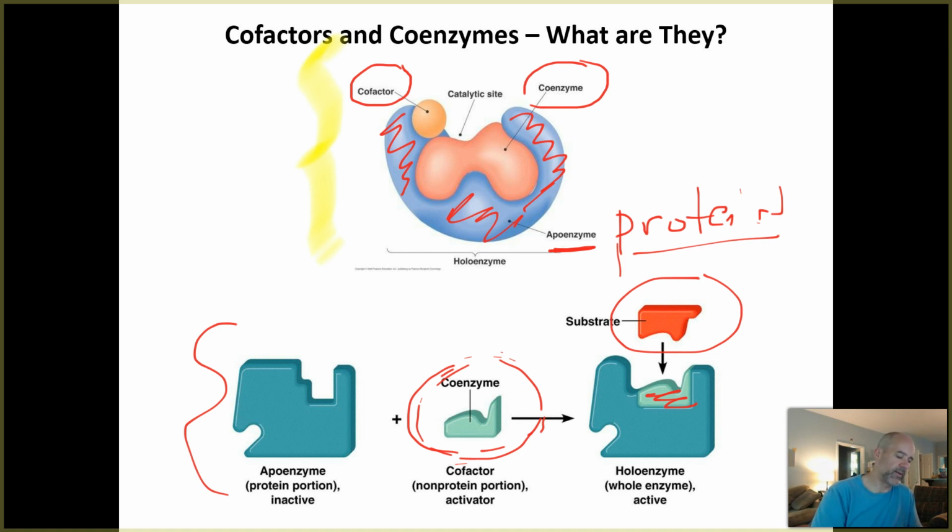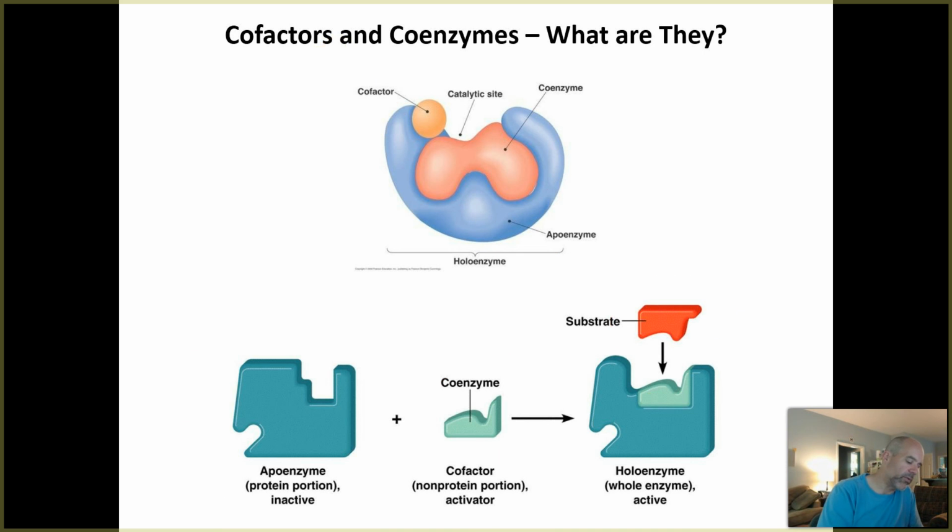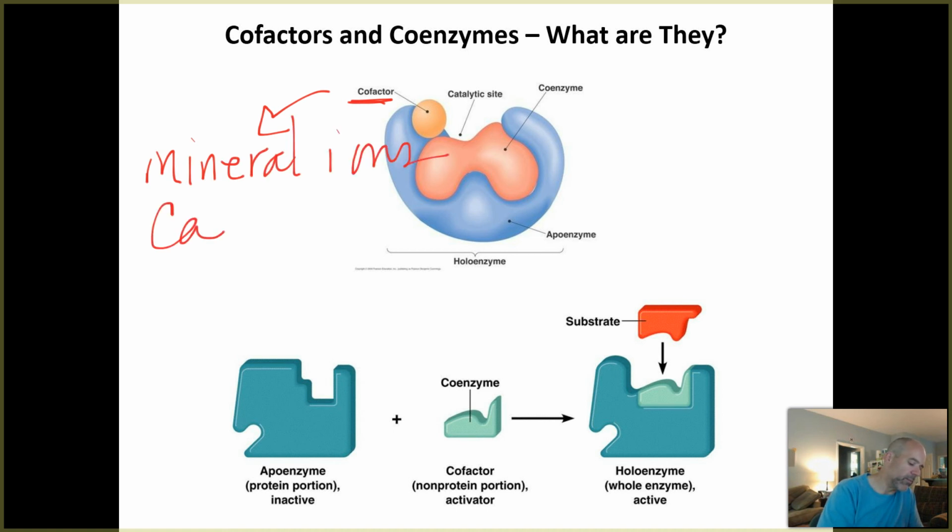So what are these things? These cofactors and coenzymes. Cofactors are usually smaller things, and they are usually mineral ions of some type. So things like calcium ions. Calcium has a double positive charge. Magnesium ions.